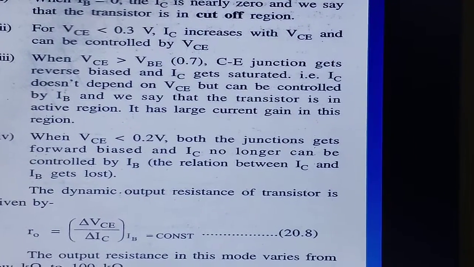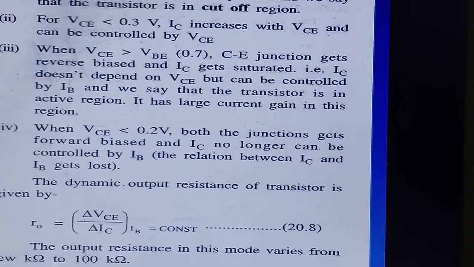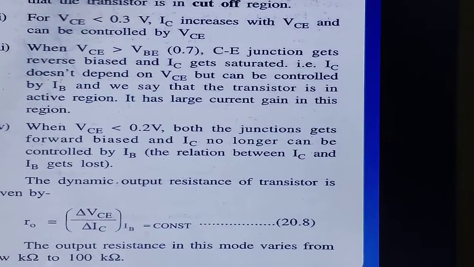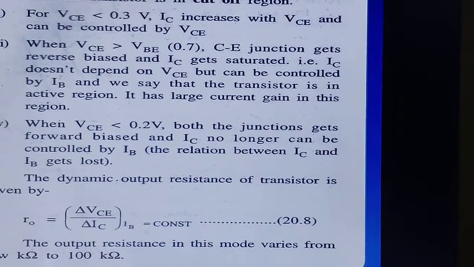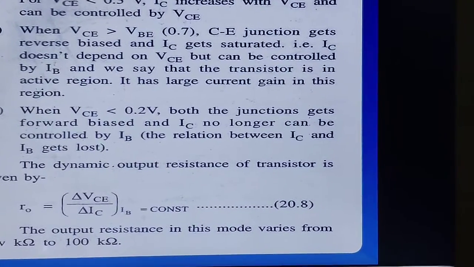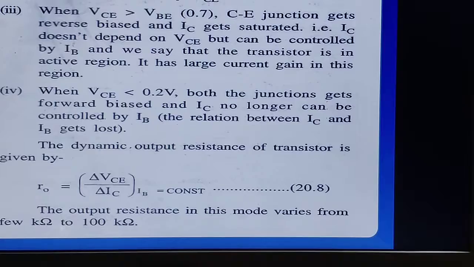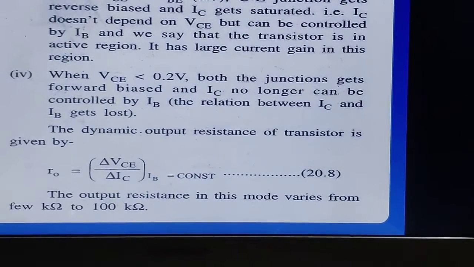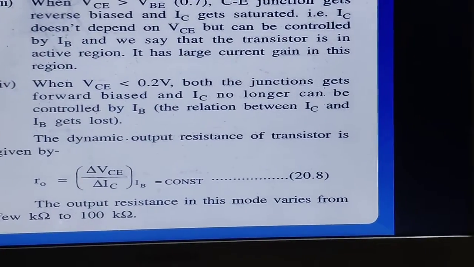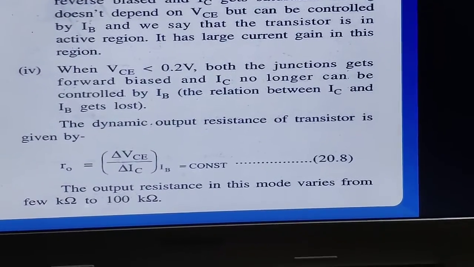IC does not depend on VCE but can be controlled by IB, and we say that the transistor is in the active region. It has a large current gain in this region. When VCE is less than 0.2 volt, both junctions get forward biased and IC no longer can be controlled by IB, and the relation between IC and IB gets lost.